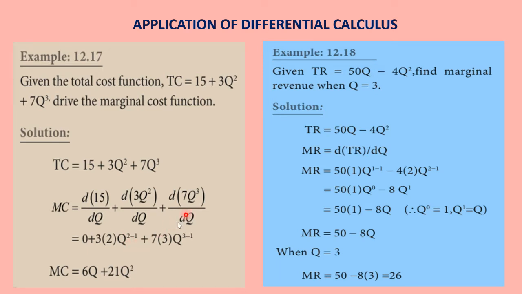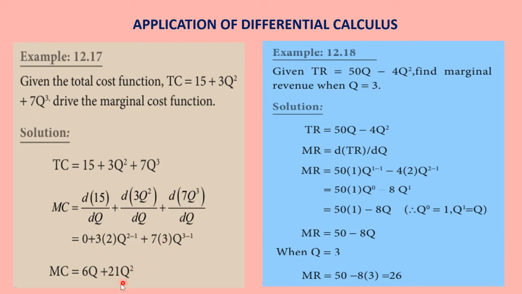Likewise, the second term is plus 3 into 7q, with power 3 minus 1. So I get 2 sixes are 6, q square minus 1 will give me q power 1, or I can also write it as q.